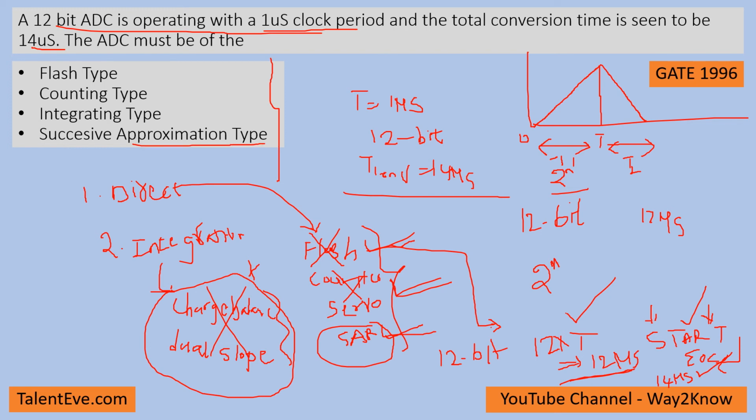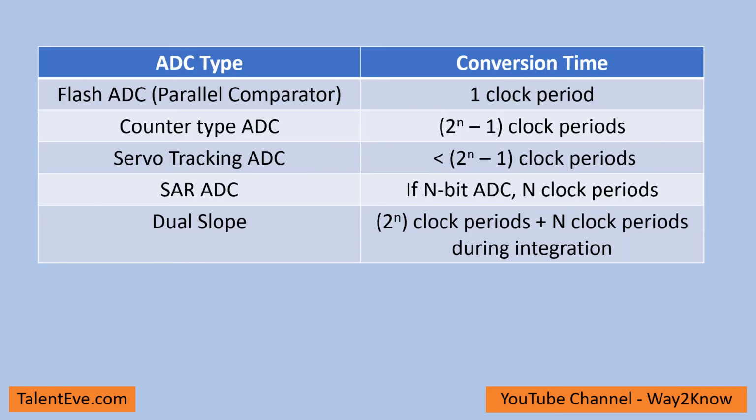Okay, and then let us see a glimpse of the conversion times. As we said, the flash type takes 1 clock period, and the counter type takes 2 power n minus 1 clock periods. The servo tracking type is a little improvement over the counter type, where an up-down counter is used instead of a binary counter, and it takes a little less than 2 power n minus 1 clock periods.